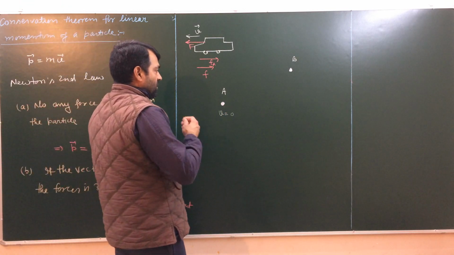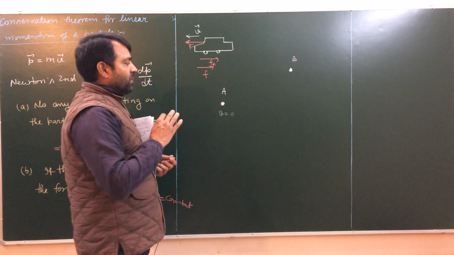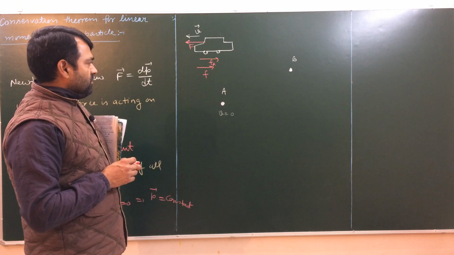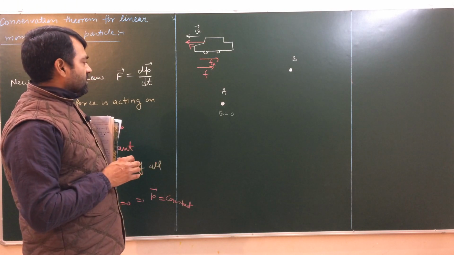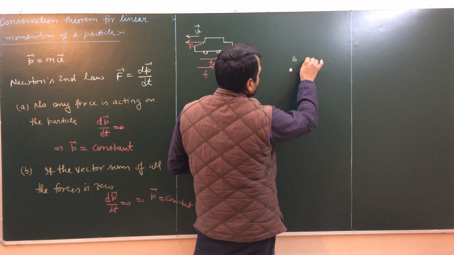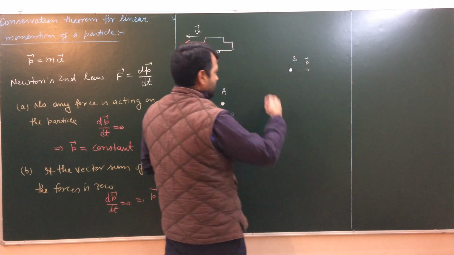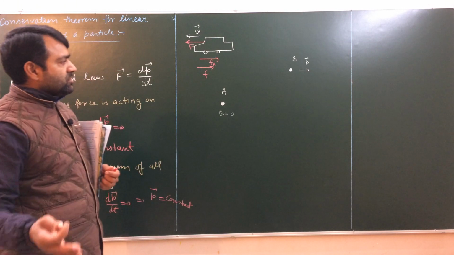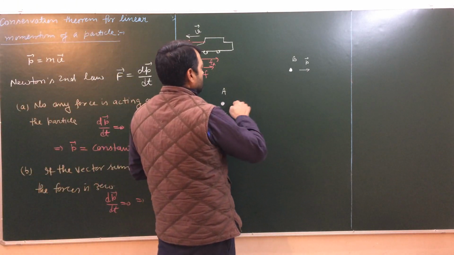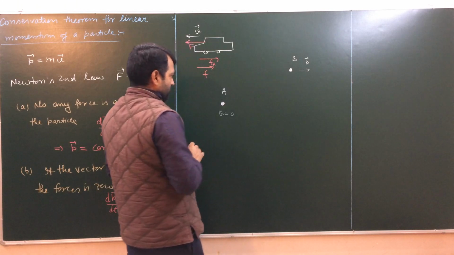We are observing these two particles A and B from a very distant place, and we are not interacting with them, and this particle is moving with certain momentum P. As it is free from all kinds of fields and forces, its momentum is going to be constant. These two particles cannot see or observe each other.